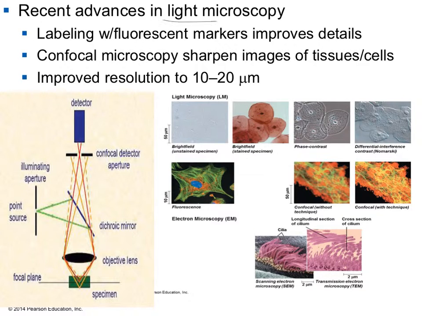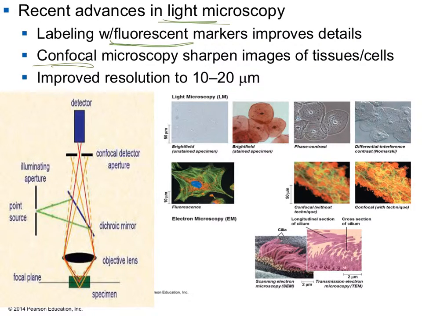With light microscopy, we're able now to use a couple of different techniques. One is fluorescence marking, where you can take a material that causes fluorescence, so that you can see things a little bit more clearly and brightly, and you have better contrast with them.